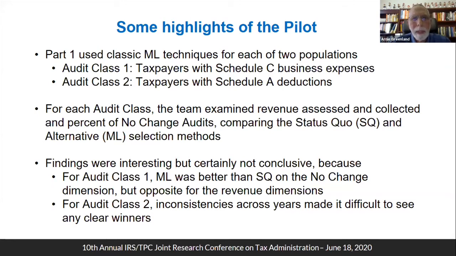That is, in some cases, for example for audit class one, the machine learning method was better than the status quo on no change, but worse on revenue dimensions, and vice versa, the machine learning was not nearly as good on the revenue. And with respect to the second audit class, I found they're not really consistently one way or the other. But I think there was, as was mentioned, enough benefit to go on to the next stage.